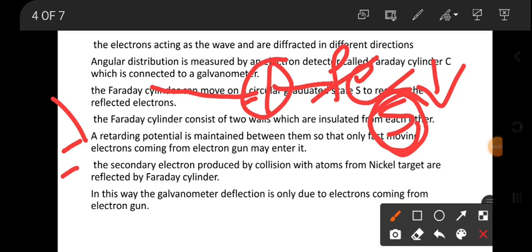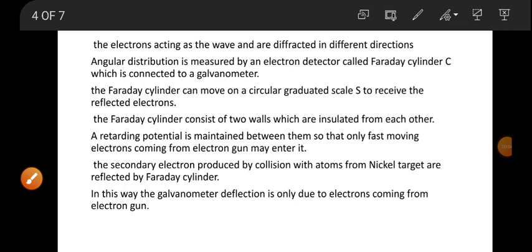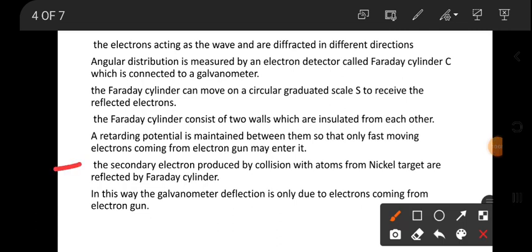Cylinder with detector. So fast moving electrons coming from the electron gun may enter into it, and secondary electrons produced by the collision with the atoms from the nickel target are reflected by the Faraday cylinder. So they do not come towards the cylinder; they move away from it. Next, the last point: in this way the galvanometer deflection is only due to electrons coming from the electron gun.